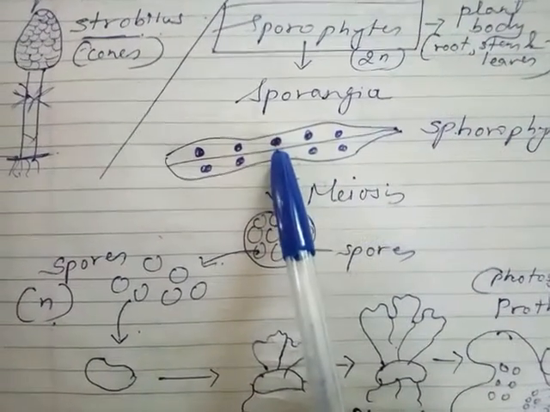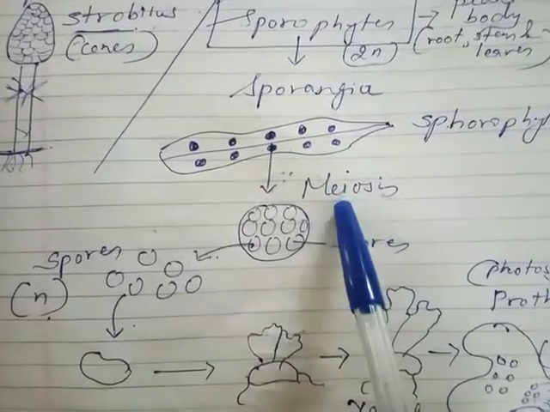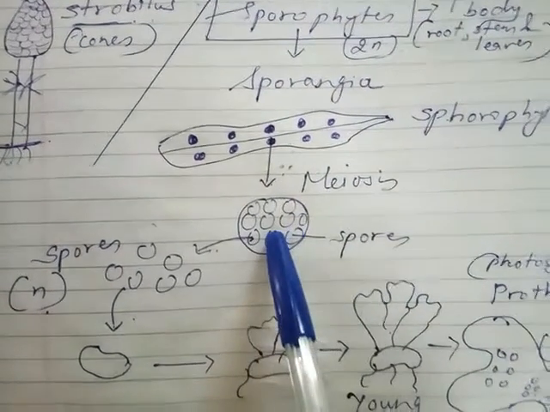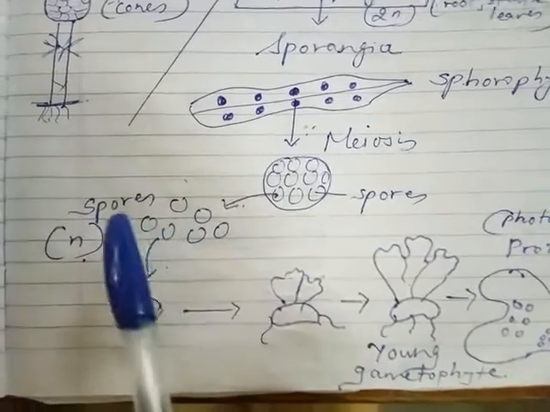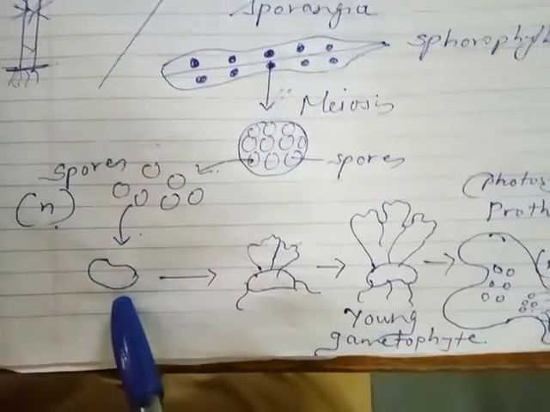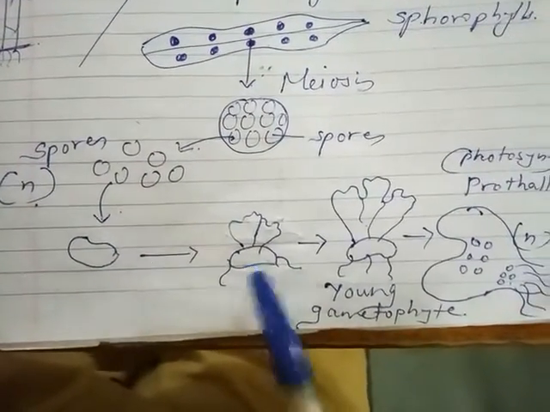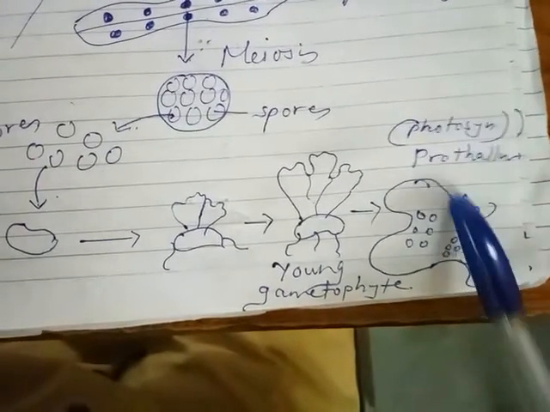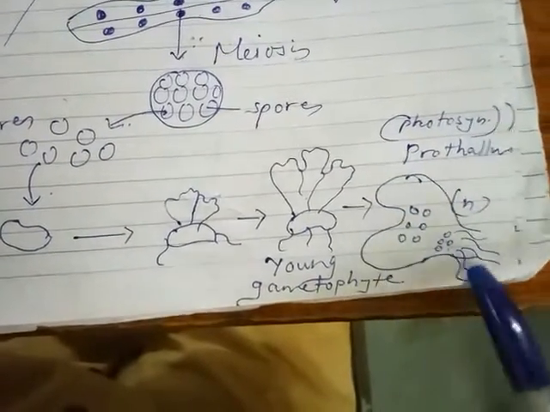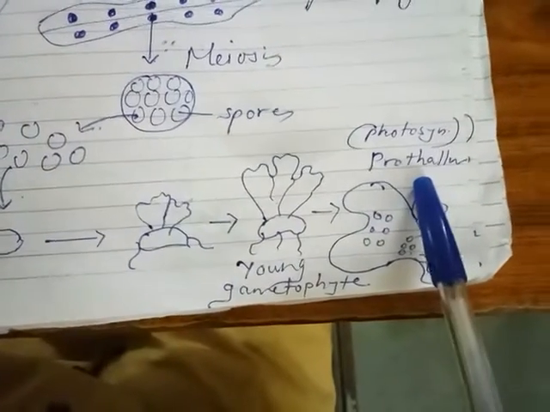So these are 2N diploid stage. When they undergo meiosis, it will become haploid. So haploid spores will be formed. The spores develop further, giving rise to young gametophyte. That young gametophyte is more or less a heart-like structure, and that is called prothallus.